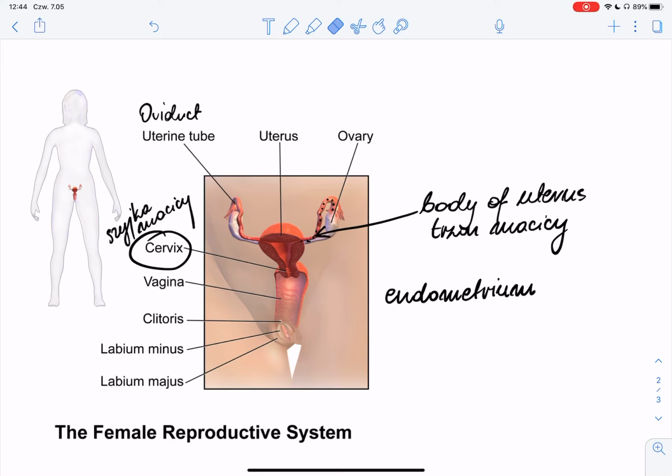And now, the external sexual organs, external reproductive system organs are mons pubis, which is here on the surface of the body. It's not marked in here. Wzgórek łonowy.